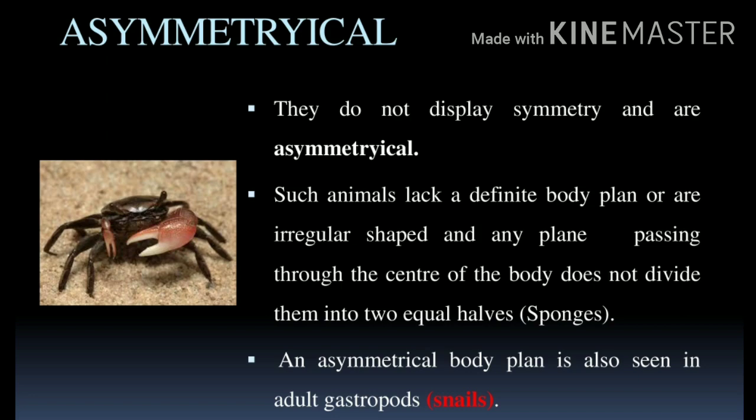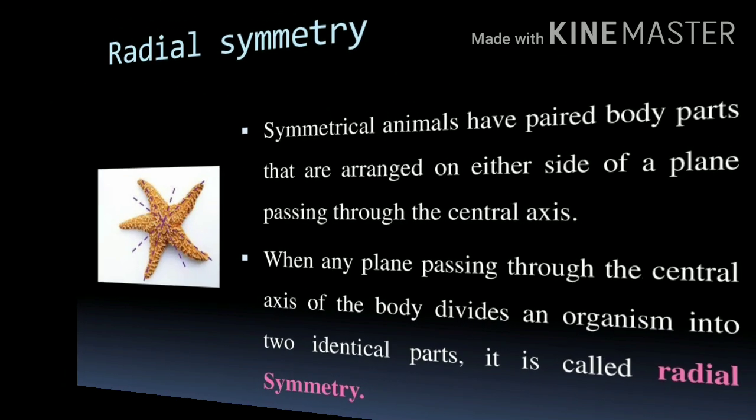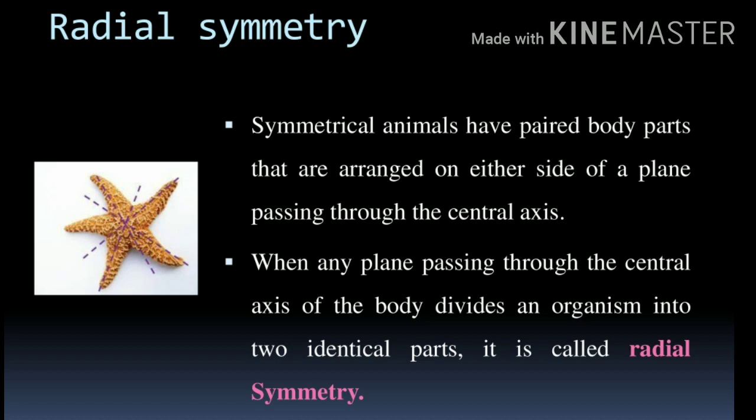That is called asymmetry. Okay, the simplest body plan is seen in sponges, but sponges are asymmetrical. Can you understand? Now we have to understand what symmetry is. If we cut at the center axis into equal parts, that is symmetry. If there are no equal parts, that is asymmetry.